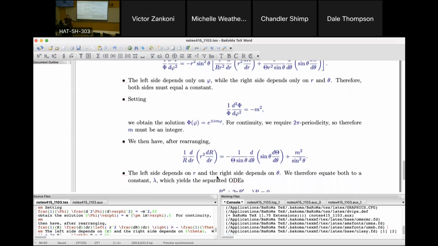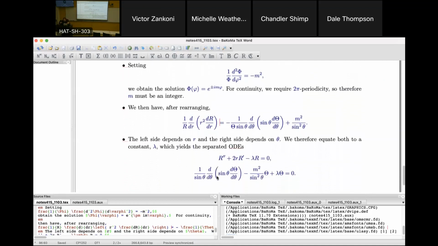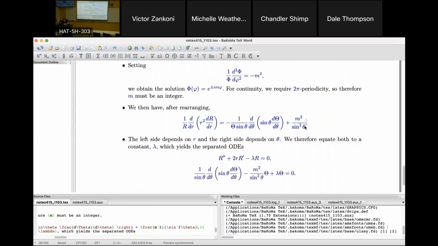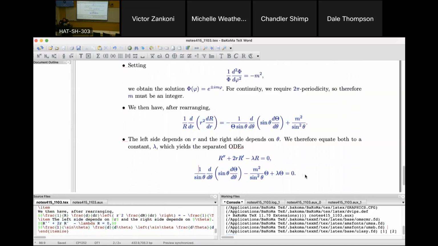So I'll call that constant lambda. So by setting this equal to lambda and then this also equal to lambda, then these two ODEs pop out.